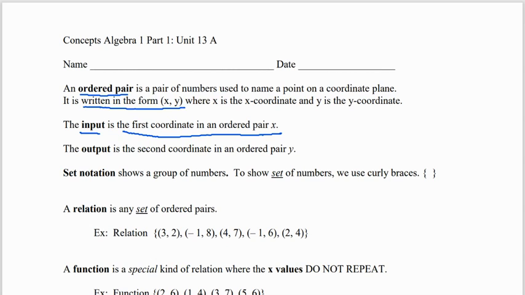Whatever gets inputted, that's the first part of the ordered pair. The third vocab word is output. So our output is that second coordinate, aka the y value. So our input is x and our output is y.